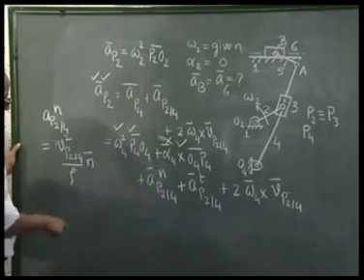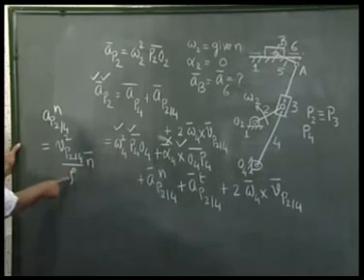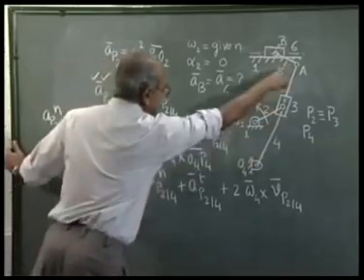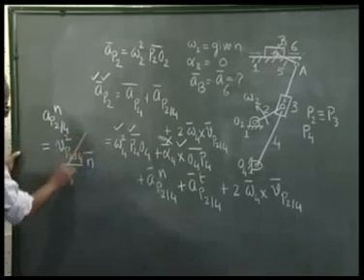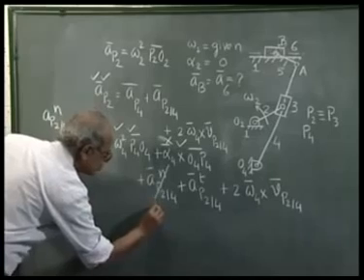Now for this particular case, because the path is a straight line, the radius of curvature of path is infinity, so rho is infinity, so this is 0.